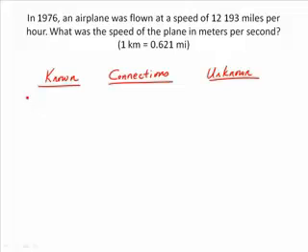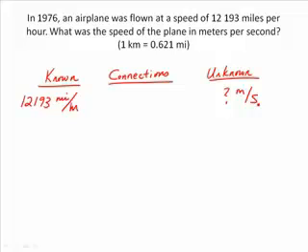So let's see, what do I know? Well, I know that this plane did 12,193 miles per hour, and I want to know the speed in meters per second. To do this, I'm going to look at the two units separately.